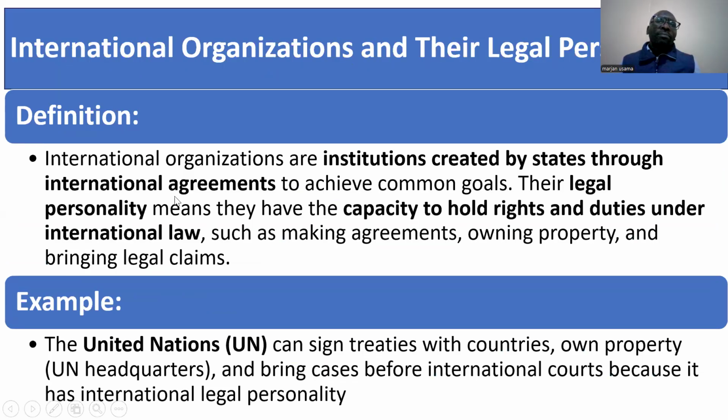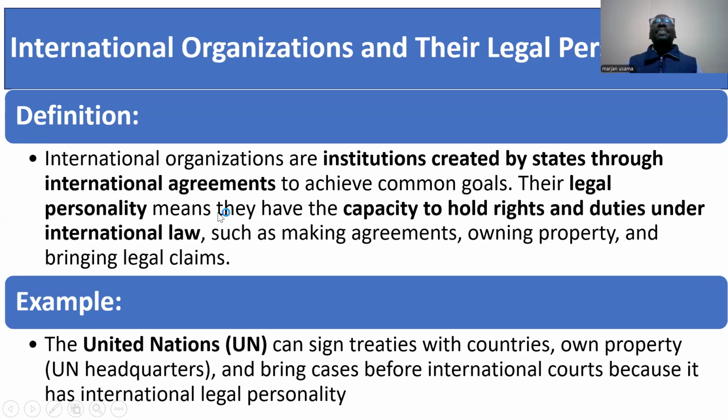Then lastly, we have international organizations and their legal personality. First, you have to know what an international organization is. International organizations are institutions created by states through international agreements to achieve common goals.